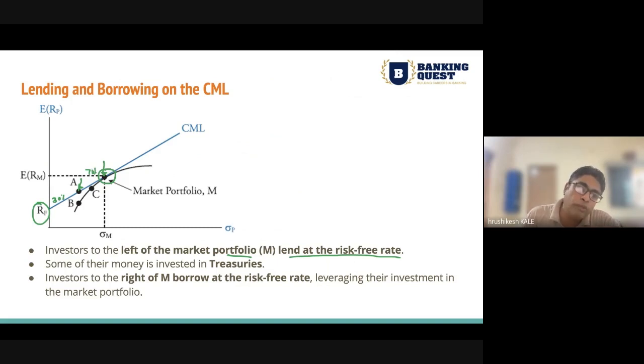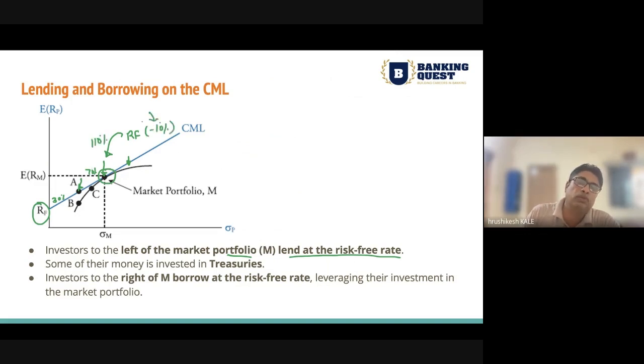But when you go beyond this point, what is happening is that you take a loan at the risk-free rate and invest it in the market portfolio. So maybe 110% in the market portfolio and minus 10% in the risk-free rate. What is minus 10%?